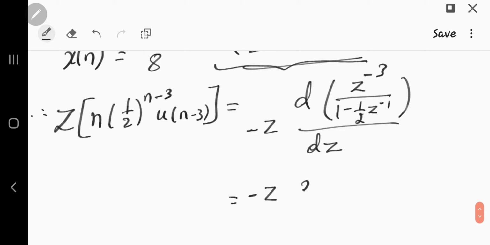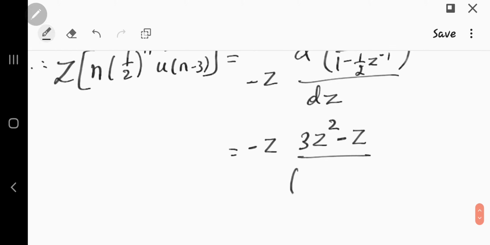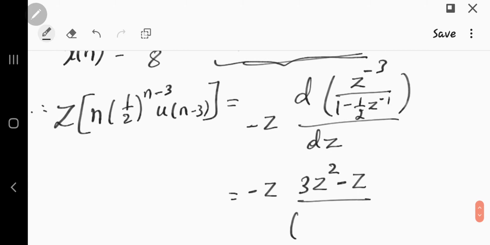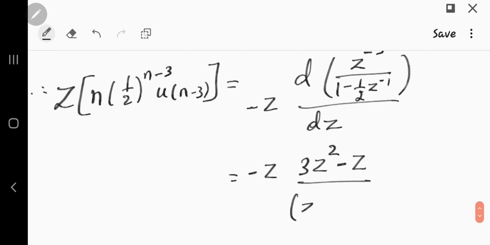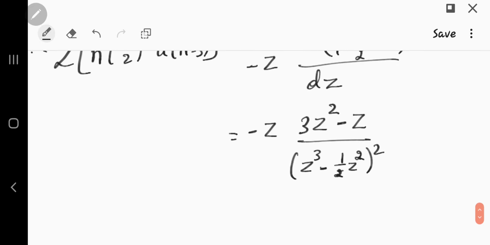So you should get 3 z square minus, I think 2 by 2 will get z here, divided by z cube minus 1 by 2 z square whole square, because I can write this as 1 by z square z cube.